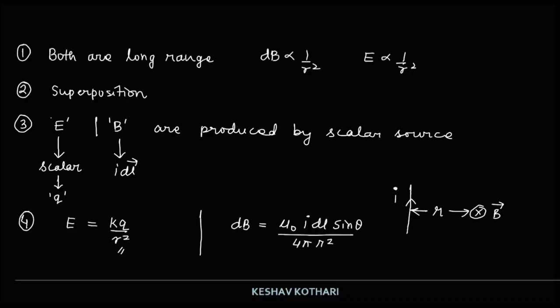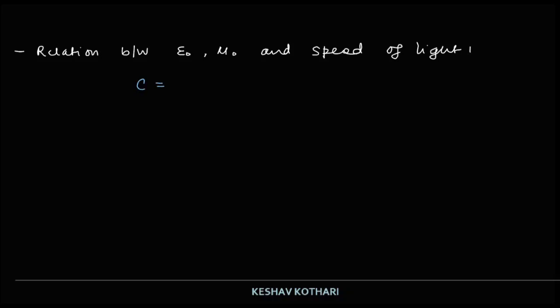Now the next point to be kept in mind is this expression, where I am establishing a relation between epsilon naught, mu naught and the speed of light. According to this very famous equation, C is equal to 1 upon root over mu naught epsilon naught.